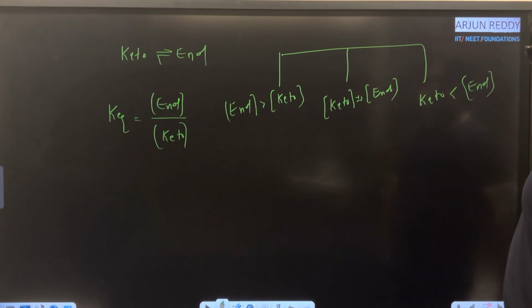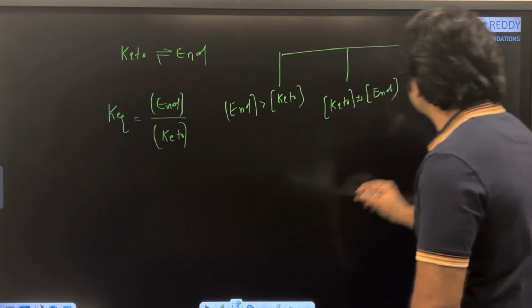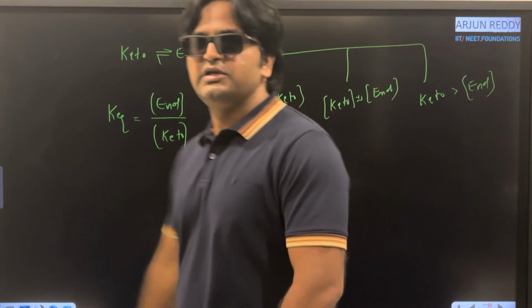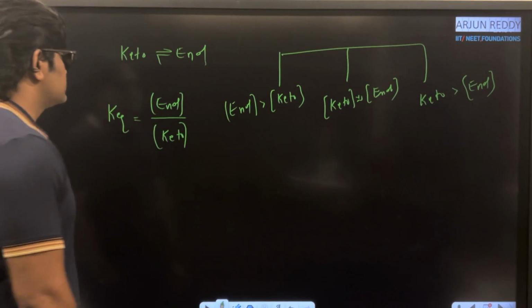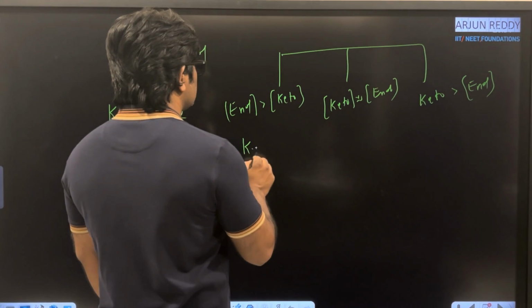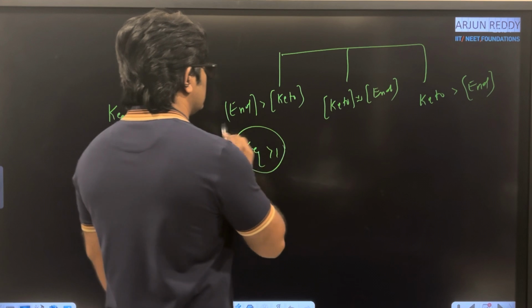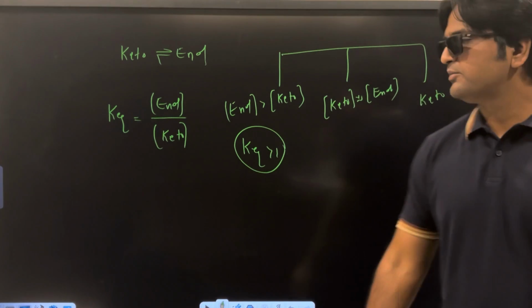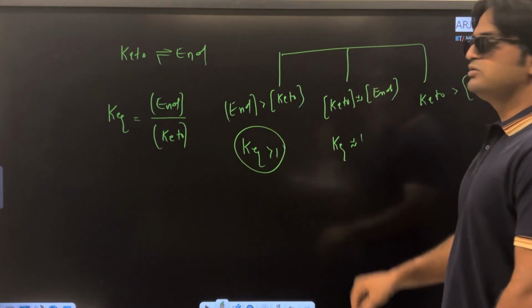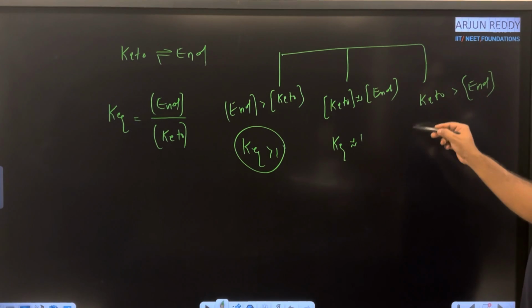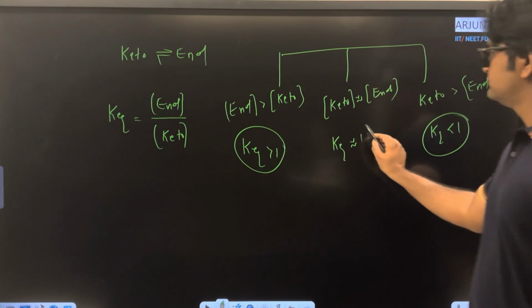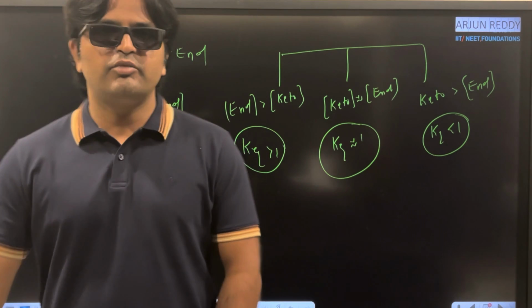These are the three conditions. If enol concentration is greater than keto form, then the equilibrium constant value is greater than 1. Second case, the equilibrium constant value is approximately equal to 1. Third case, if keto form is more than enol form, the equilibrium constant value is less than 1. These are the three important conditions.